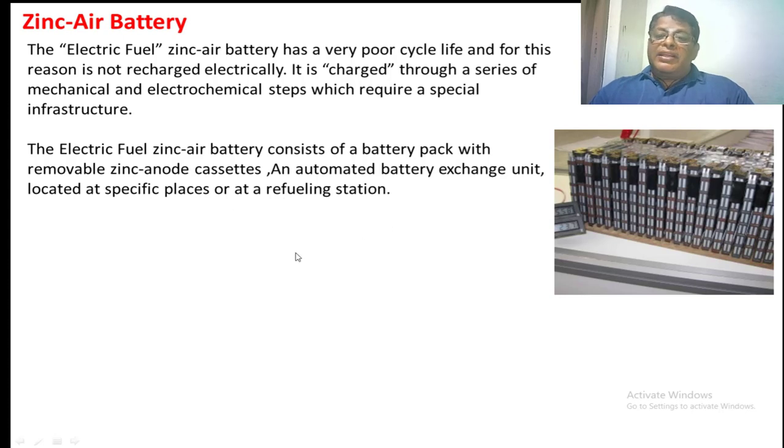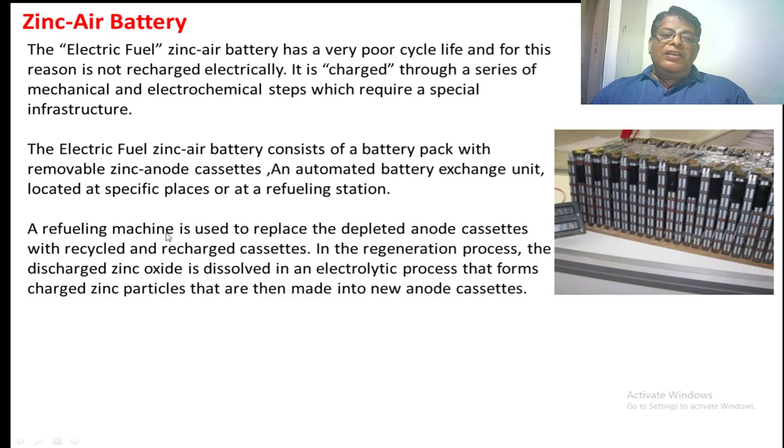Once the battery is discharged, the anode cassette has to be replaced. The refilling mechanism is used to replace the depleted anode cassette with recycled and recharged cassettes. In a regeneration process, the discharged zinc oxide is dissolved in the electrolyte, a process that forms charged zinc particles that are then made into new anode cassettes.